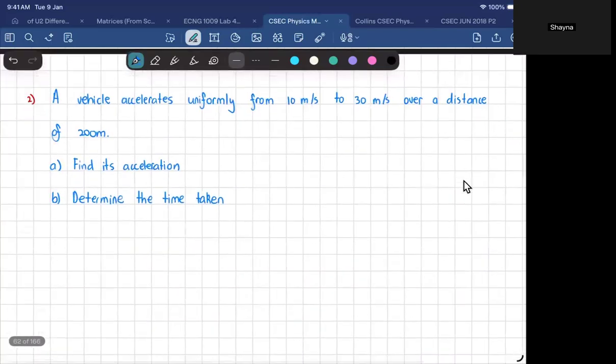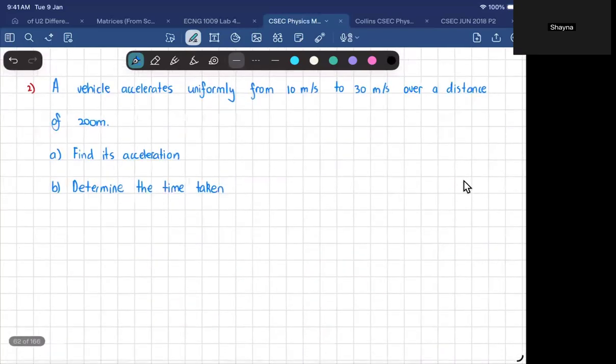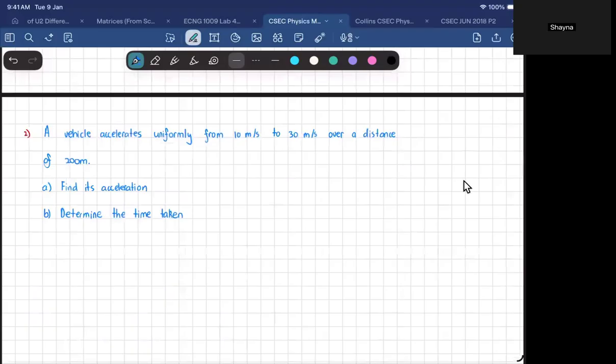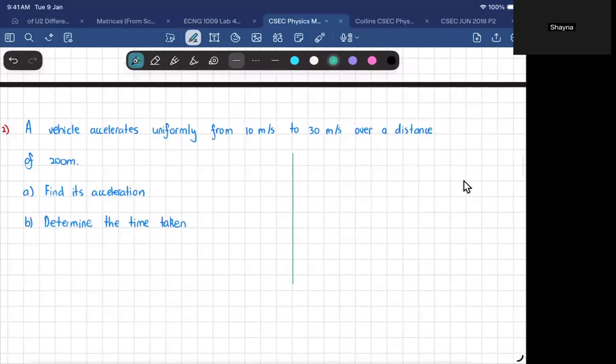All right. So Sheena, before we do anything, let's pull aside and look at all the information that was given to us. They're saying that the vehicle accelerates uniformly from 10 meters per second to 30 meters per second.